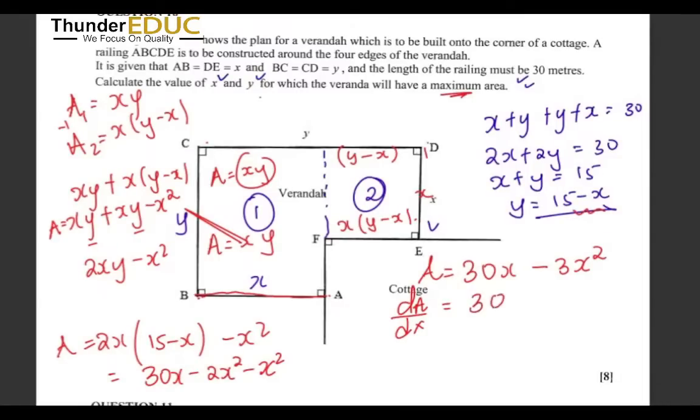This is going to be 30 minus 6x, equated to 0. If we move the 6x that side, x is going to be 5. If x is 5, I can replace x with 5 and get y. So 15 minus 5, which is 10. That is how I would have gone about that question.